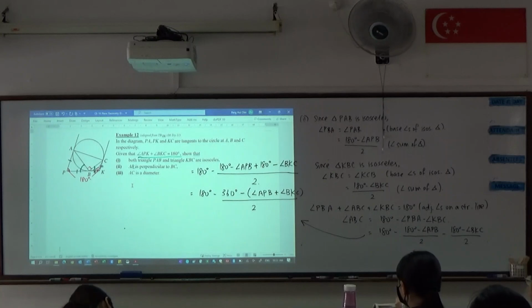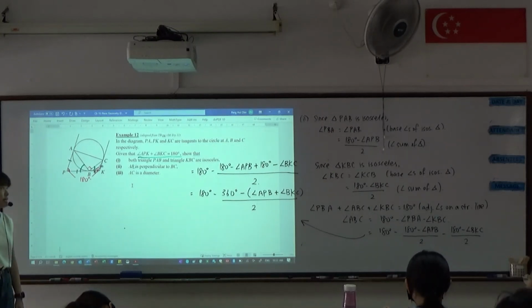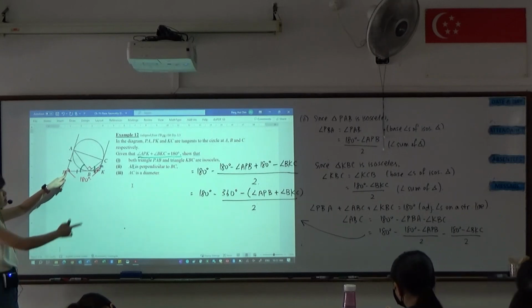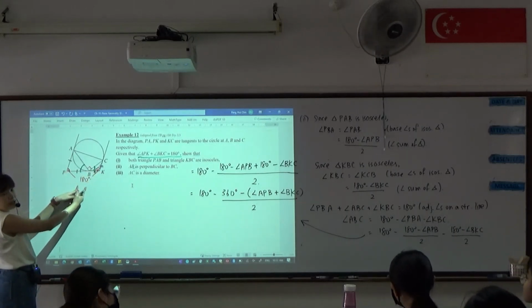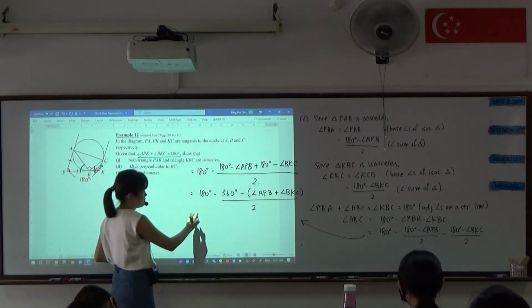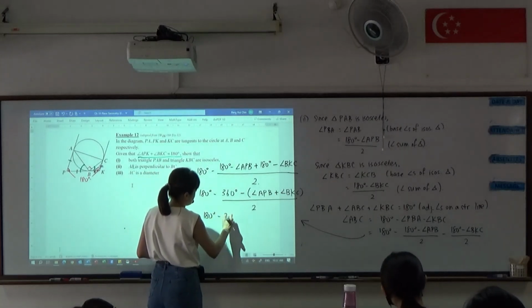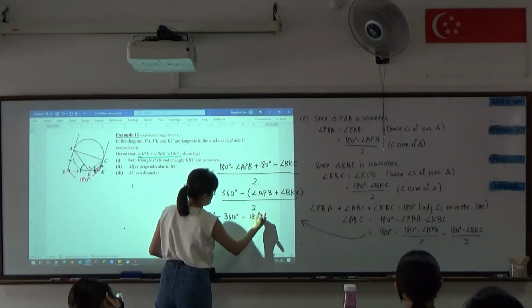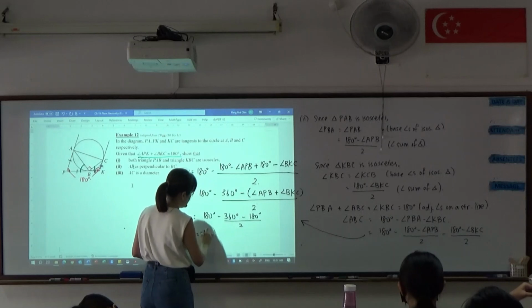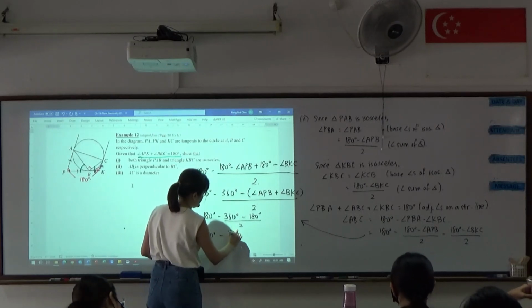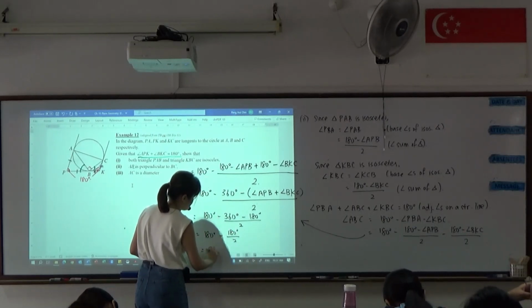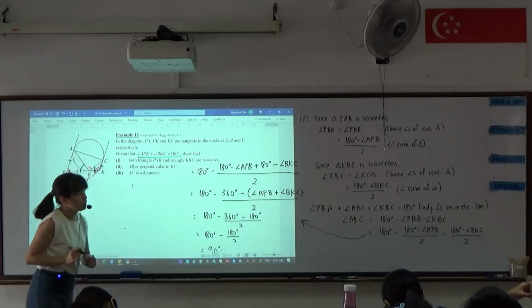And APB plus BKC, where are these angles? It is this angle over here and this angle over here. And we know that they add up to 180 degrees. And therefore, we get our 90 degrees.